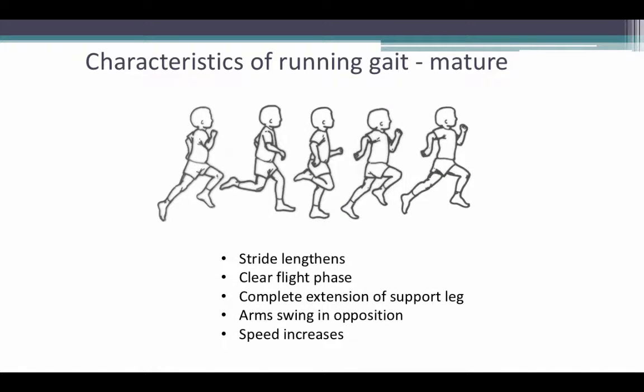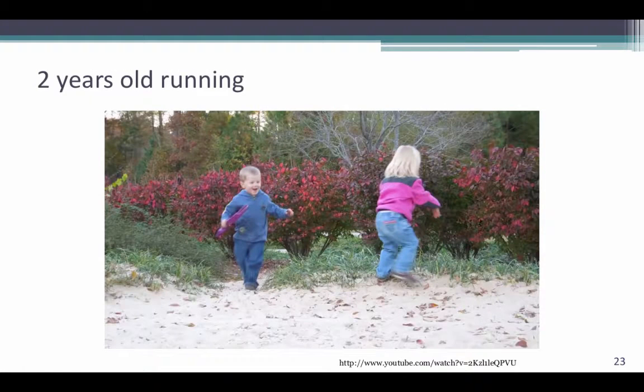The mature running gait has even more stride lengthening, a clear flight phase, complete leg extension, an oppositional arm swing, and more increases in speed. We'll watch a couple of videos that go over some runners at different ages and try and categorize while watching their running into a certain stage.